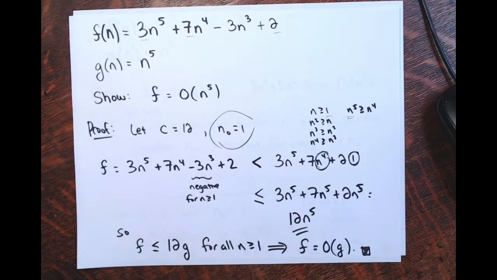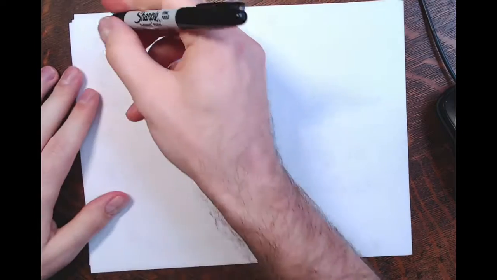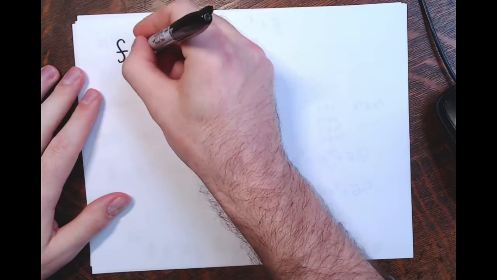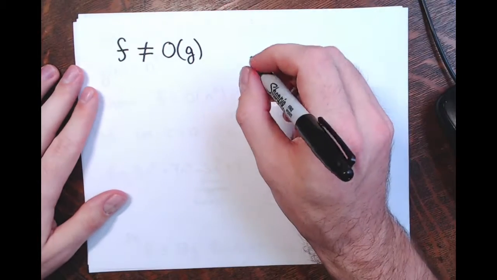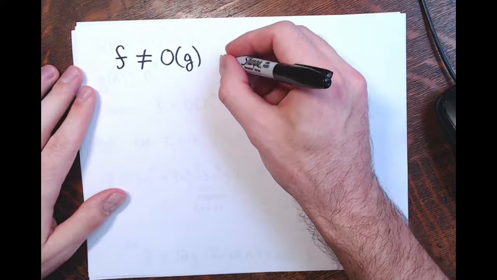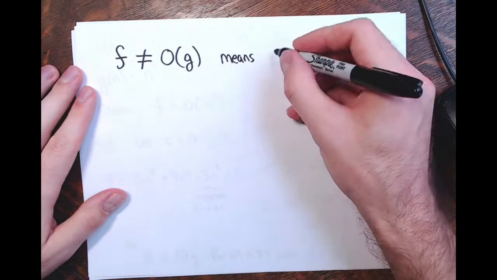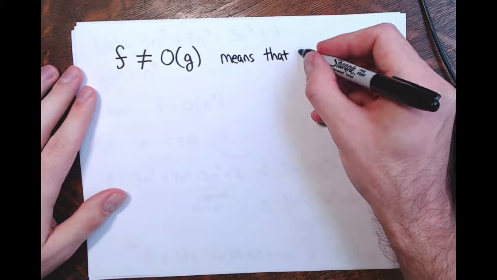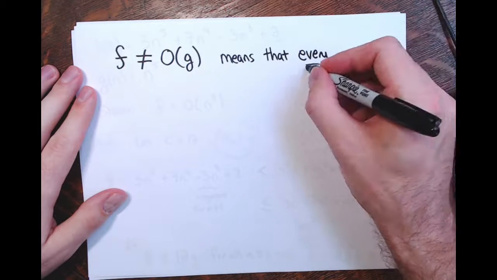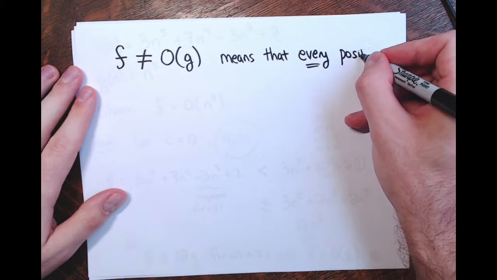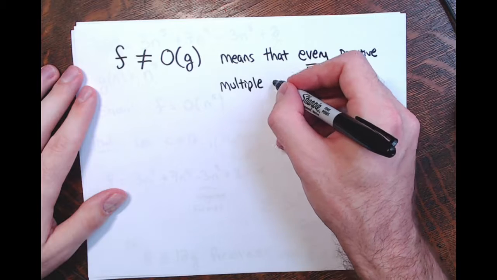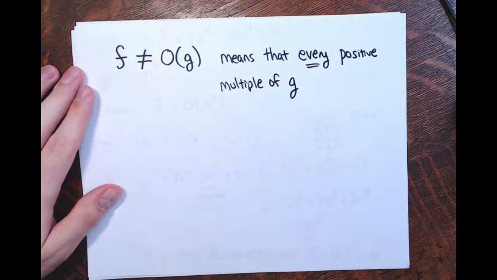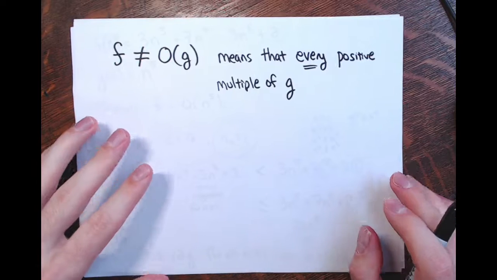If f is not O of g, it means that every positive multiple of g is eventually smaller than f.